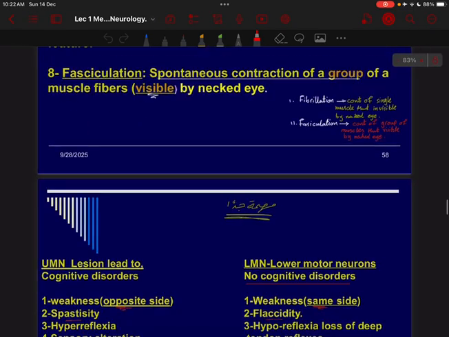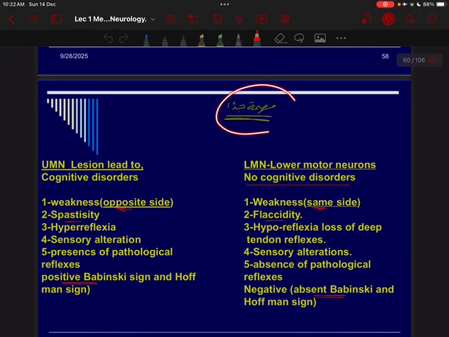إذا لو نقارن upper motor neuron, lower motor neuron. بالupper motor neuron, لأنه بالcerebral cortex, we have cognitive disorders, thinking وغيره. بينما هنا no cognitive disorder.